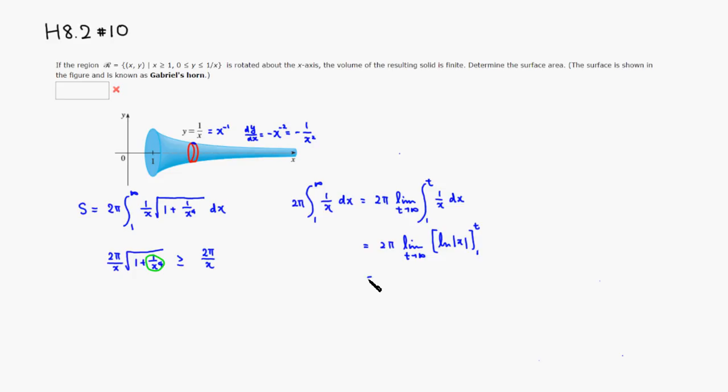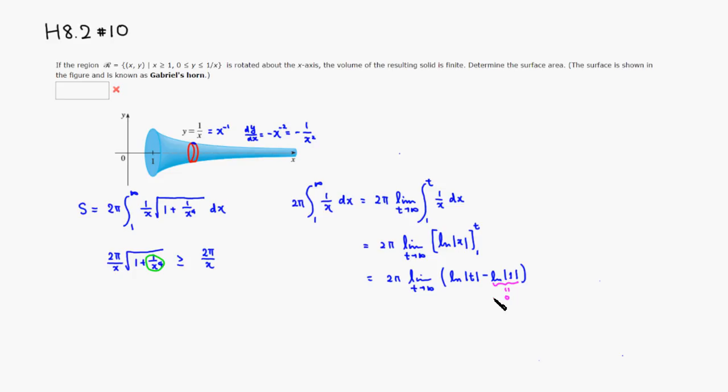So plug those in. We have 2 pi, and we still have to take the limit as t approaches infinity of natural log of absolute value of t minus natural log of absolute value of 1. Natural log of 1 is 0.